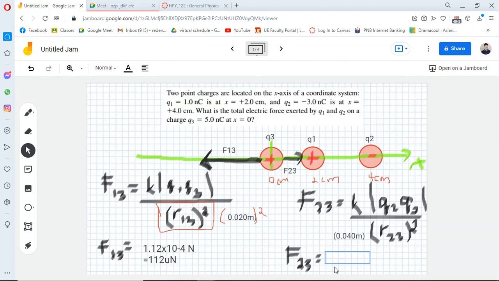Okay, so the value is 0.084, or 0.84. So let me compute.